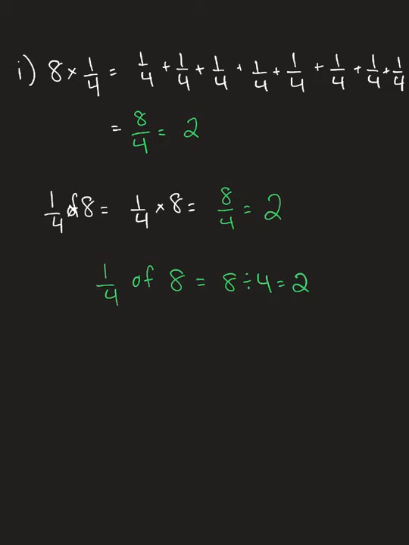So we have 3 different ways that we can look at this. Do we get the same answer each time? Yes, we do. So your job is to try out all the other examples that they give you to see, do you get the same answer no matter which order you put it in? And then you should find out this thing called the commutative property, which means you can change the order for multiplication and it will not change the answer.